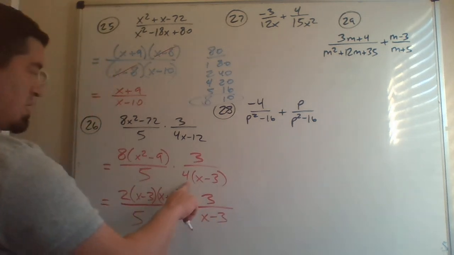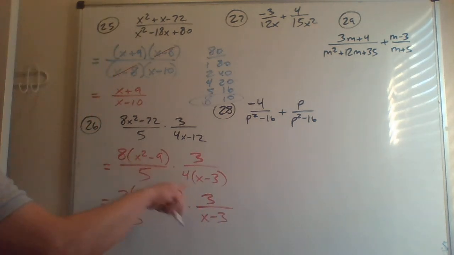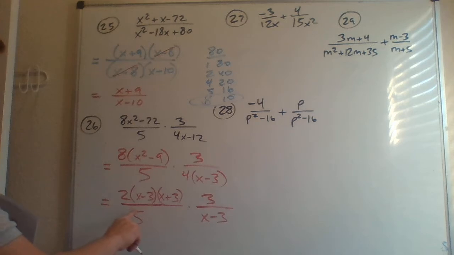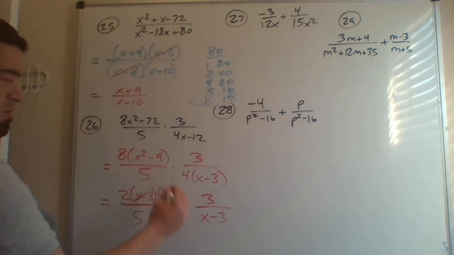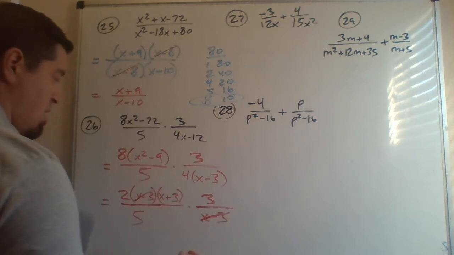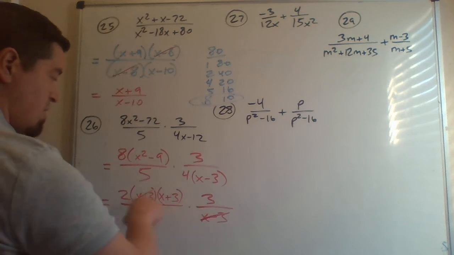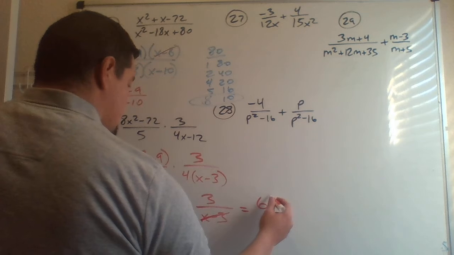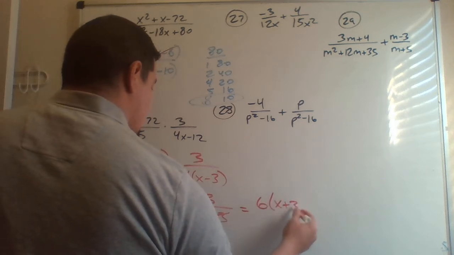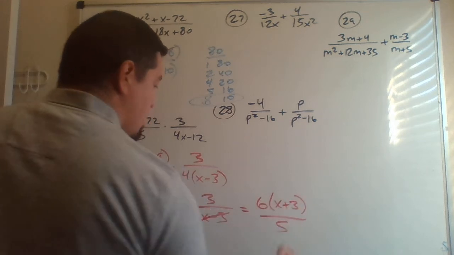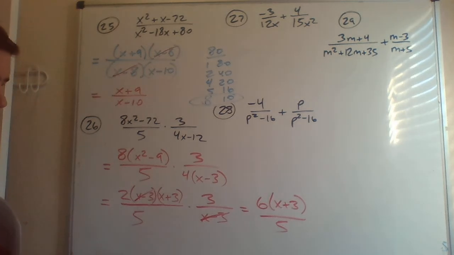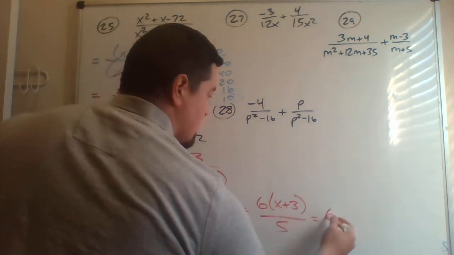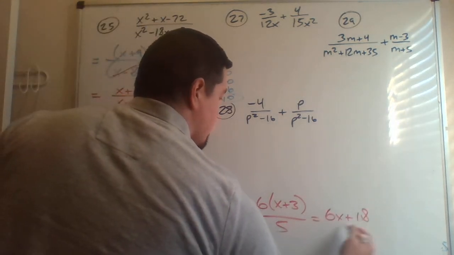Remember that we took out the 4 by dividing by 8. Okay, so we should see some other stuff cancel out, like the x minus 3 will cancel out here, and I can multiply the 2 and the 3, which would give me 6 times x plus 3 over 5. We'll go ahead and distribute. That's going to be 6x plus 18 over 5.